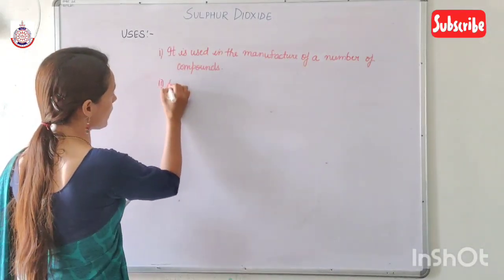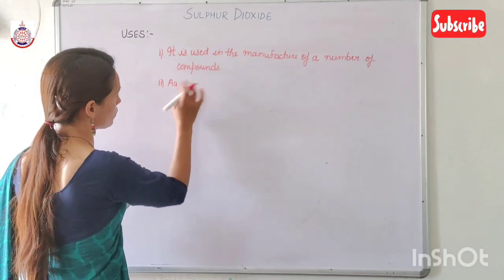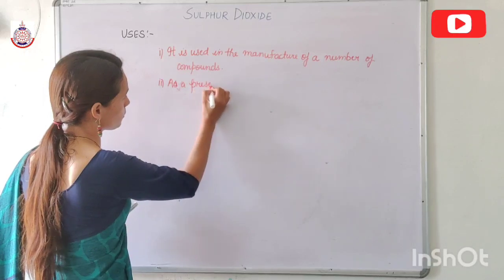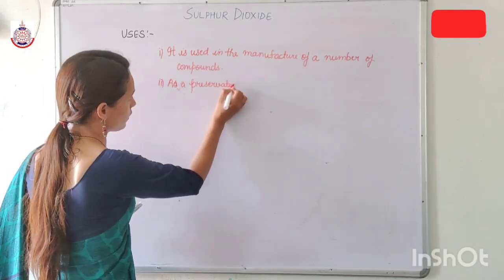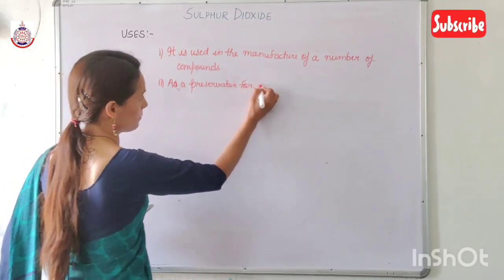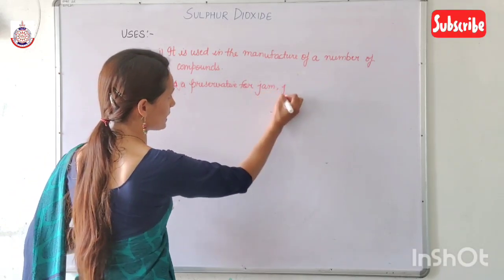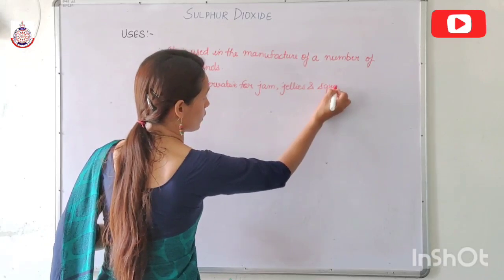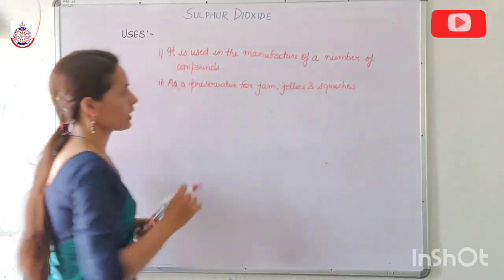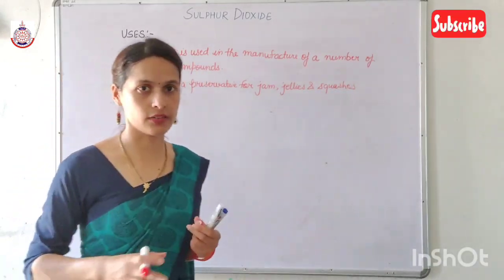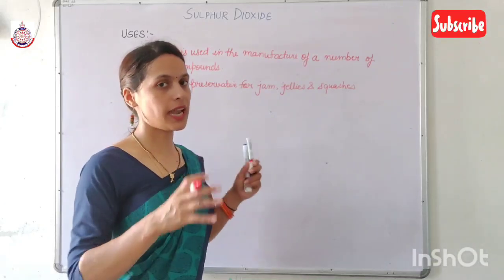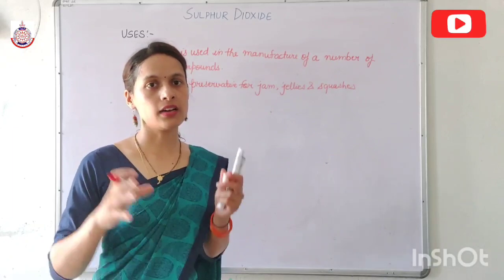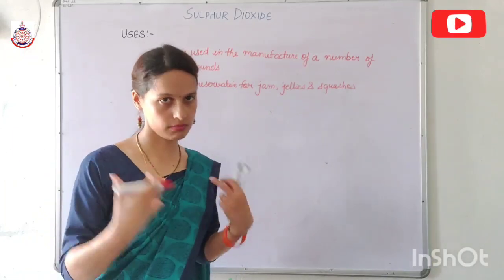Second, it is used as a preservative for jam, jellies and squashes. Means if we keep jam, jellies and squashes in sulfur dioxide gas, then they remain fresh for many days.